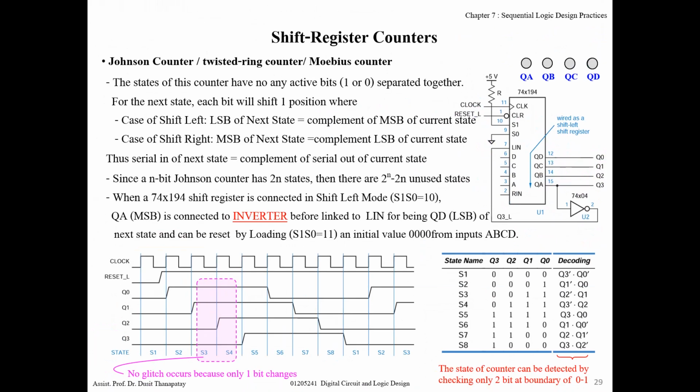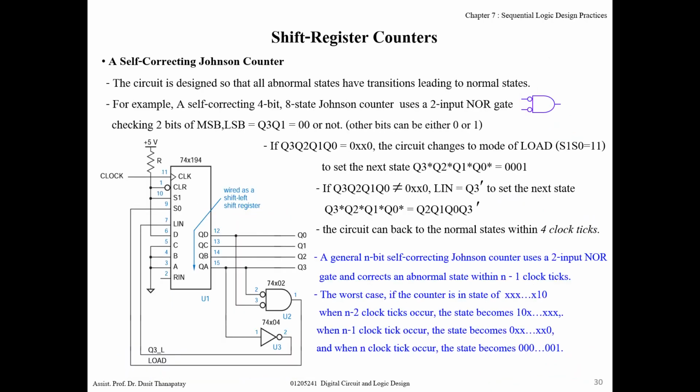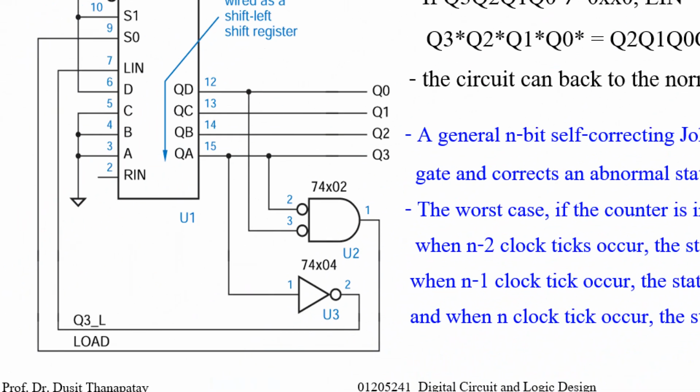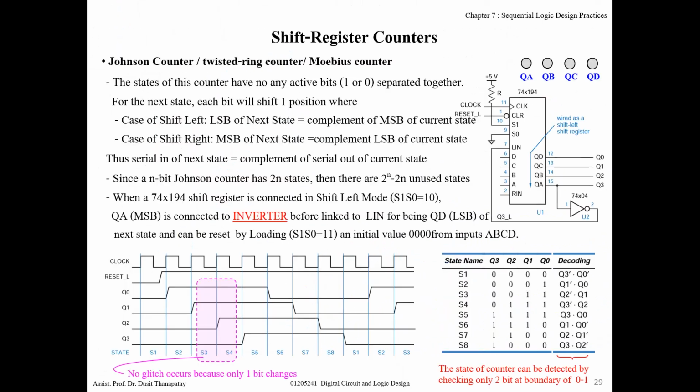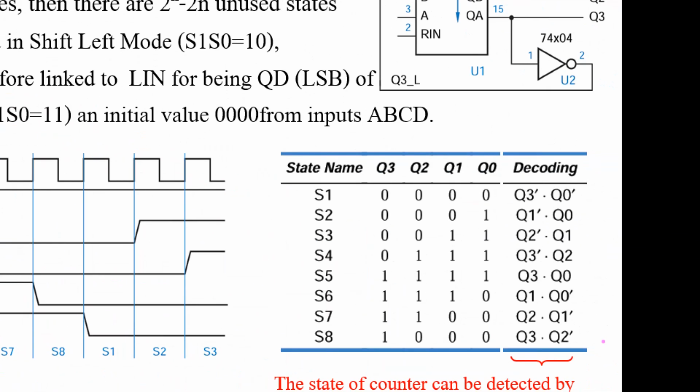But if you want the circuit to self-correct by itself, you may add this to check whether this bit is 0, 0 or not. Okay, like this, to check whether this is state 0, 0 or not.